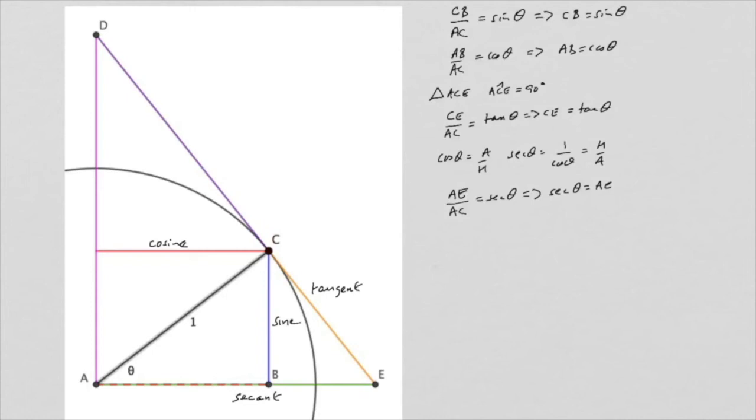But in this situation, what it means is the angle at A in the triangle DCA, so we'll be having a look at the triangle DCA, then that means the angle at A will be 90 minus theta, so we can put that in there.